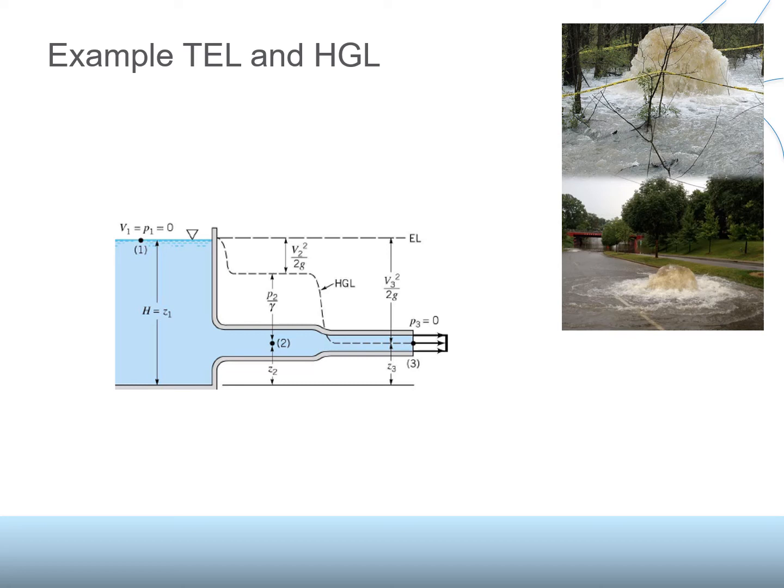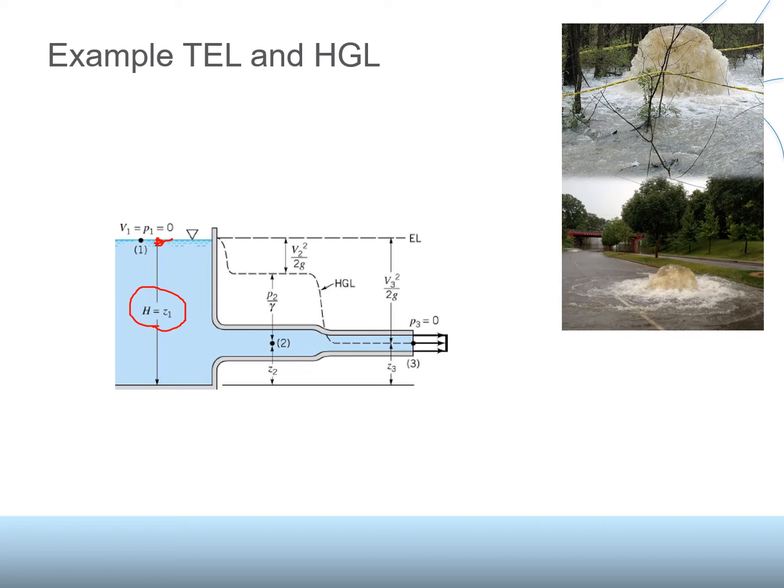Now let's see another example here to draw the energy line and hydraulic gradient line. In section 1, this is the top of the reservoir, and there is no flow of water, which means the velocity is 0, right? At the top level, the pressure is atmospheric, so the pressure is also 0.